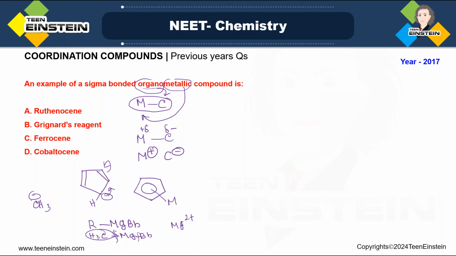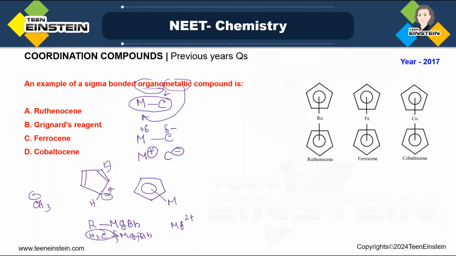But what about the other three? The other three molecules are ruthenocene, ferrocene, cobaltocene. Here I have already shown this type of pi system, that is a 5-membered ring with two pi bonds and one negative charge, but because of resonance I have written it like this. Another side, the same thing is possible.